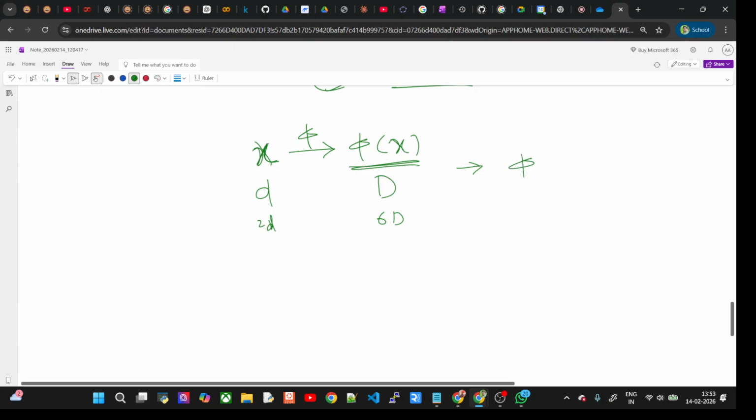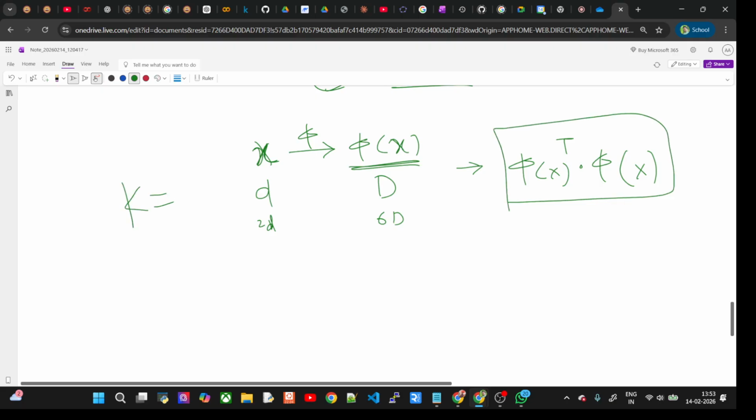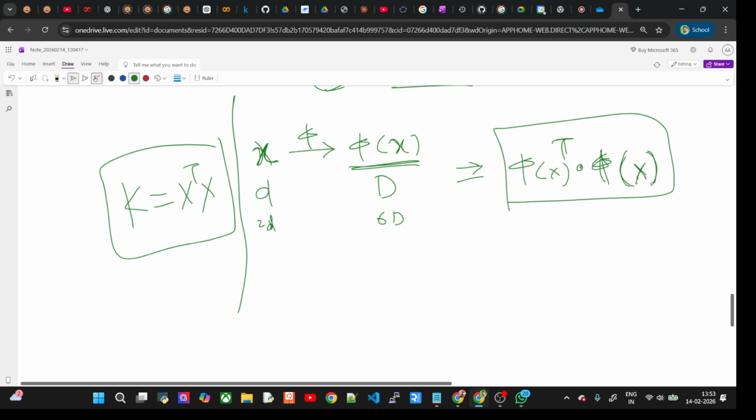So what you need to calculate is phi of x transpose phi of x, because earlier you calculated k equal to x transpose x in the issue number 1 solution. Instead of that, now you calculate phi of x transpose phi of x. This is what we have to do in the higher dimensions.